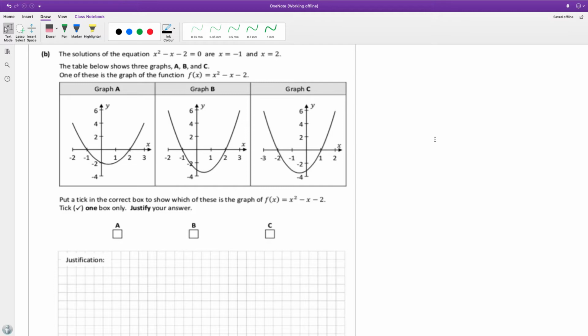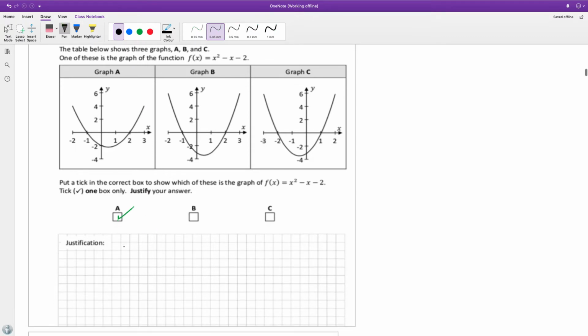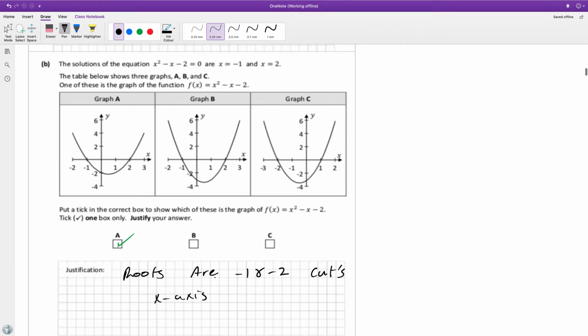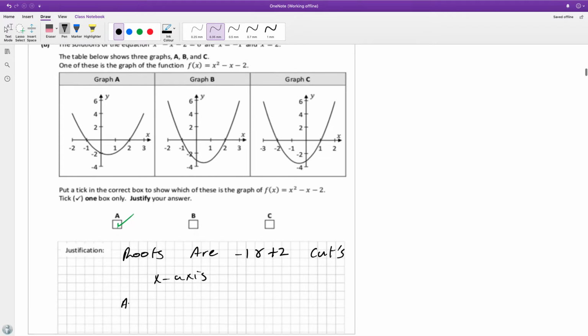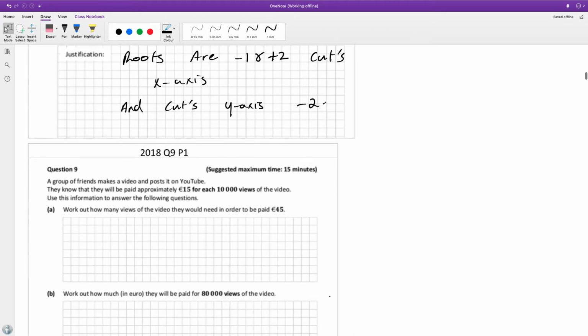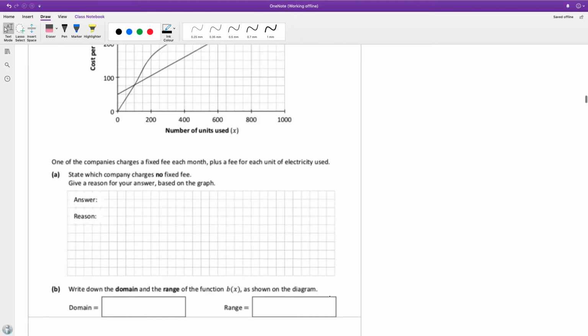So, it's graph A, and the reason is the roots are minus 1 and 2, cuts the x-axis, and cuts the y-axis at minus 2. Right, the next question we're going to look at on functions.